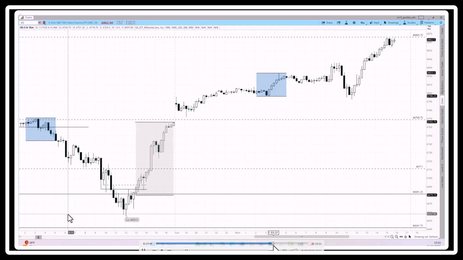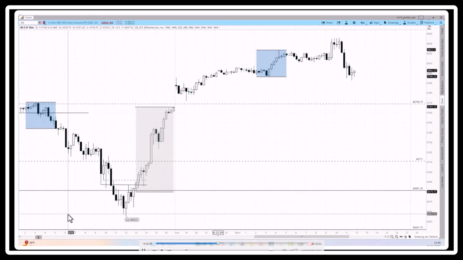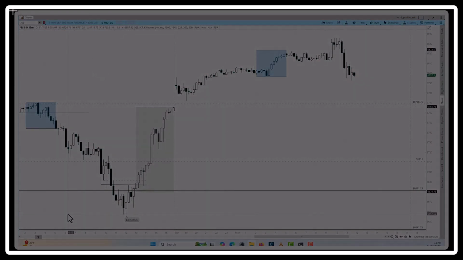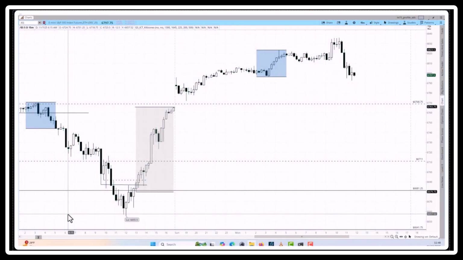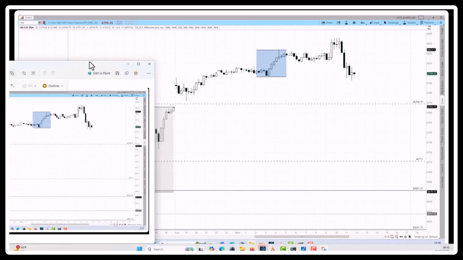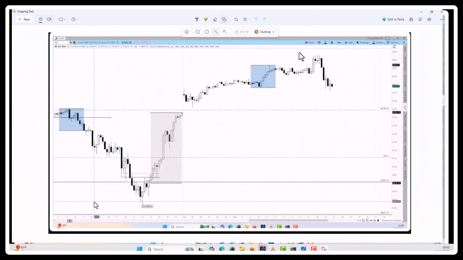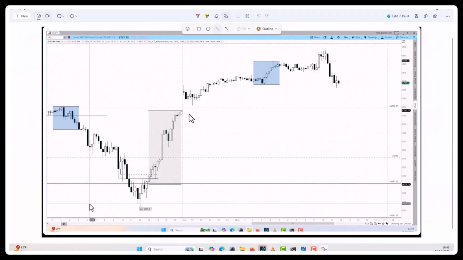When we watch in real time, it's a little hard to see, but if we take a look, we can see that level is right in line with the open range also.